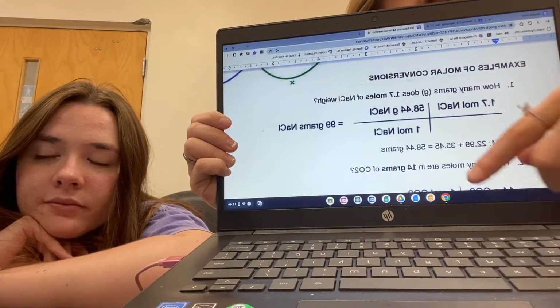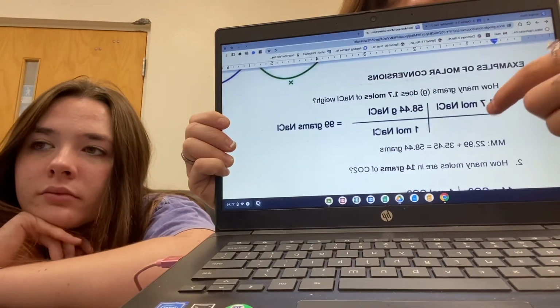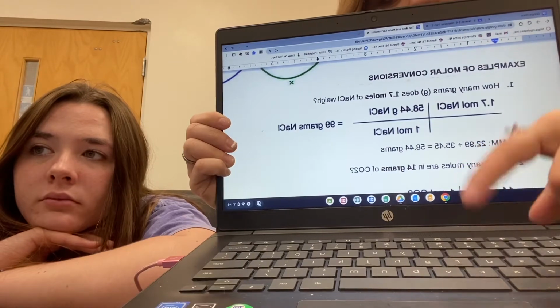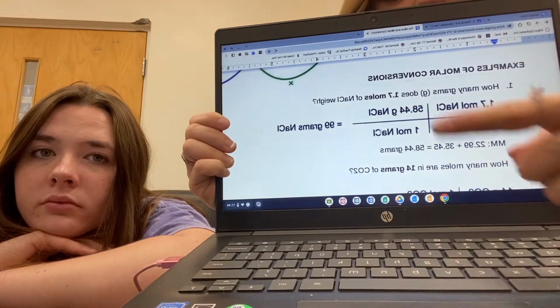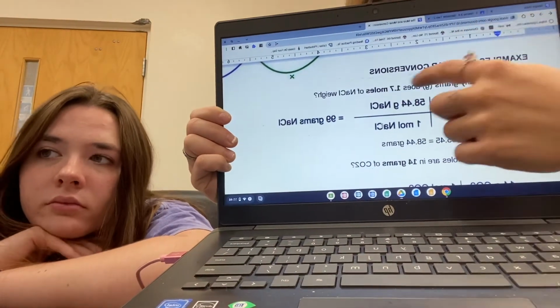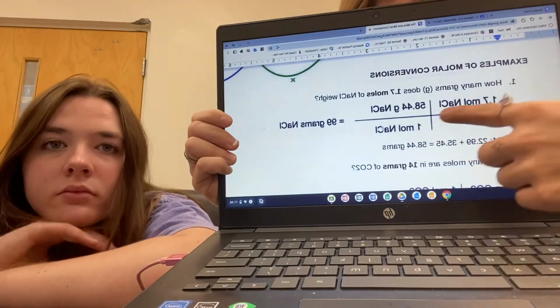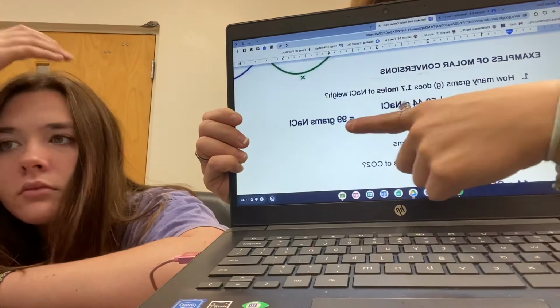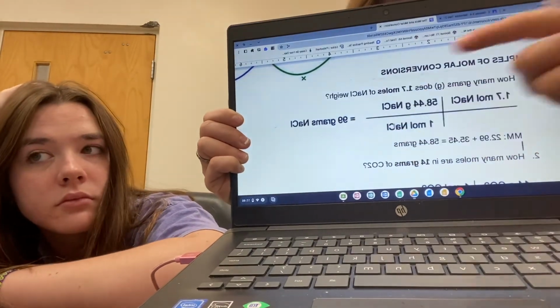So you do your 22.99 plus 35.45, which equals 58.44, and that's the grams of NaCl. You multiply this by this, and divide by 1, and you will get 99 grams of NaCl.